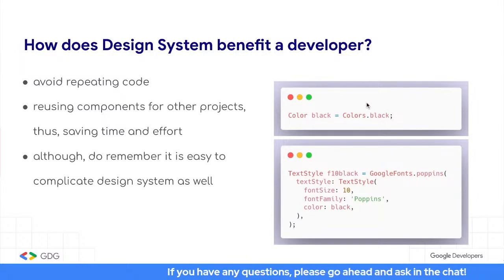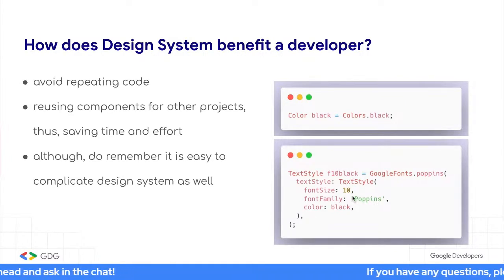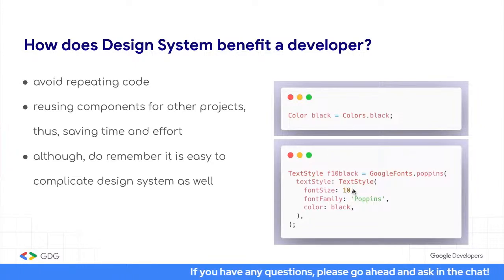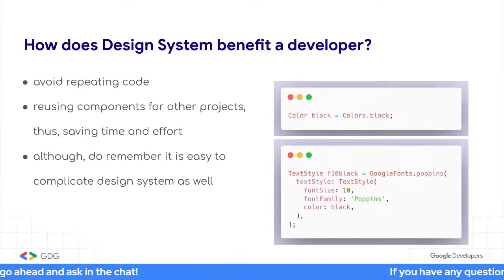So if I change something here, if I change the black here, let's say I want to add more opacity to this, but in my text style, I don't want any opacity. So that is one thing you need to keep in mind. You need to take another variable, call it black with opacity, and then add the opacity to that color.